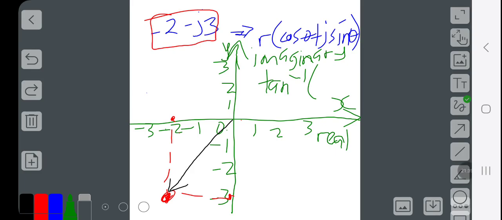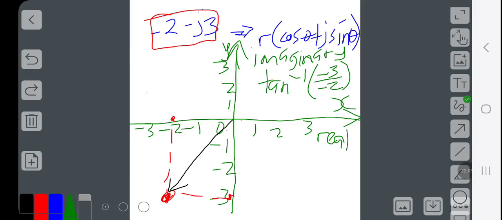So tan inverse of minus 3 over minus 2. Guys, just use your calculator. So it's tan inverse of 3 over 2. If you use your calculator, second function tan of 3 over 2, you're going to see your answer.